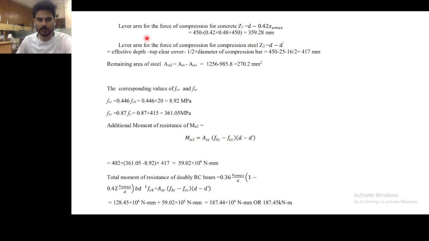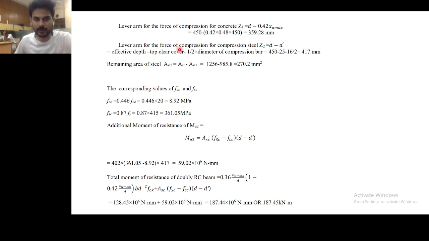The lever arm for the force of compression for the concrete is Z1, like the lever arm in a normal beam where the compression forces are applied in the concrete zone and the tension forces are applied in the steel. For that the lever arm is D minus 0.42 XU max, which we can directly calculate here.